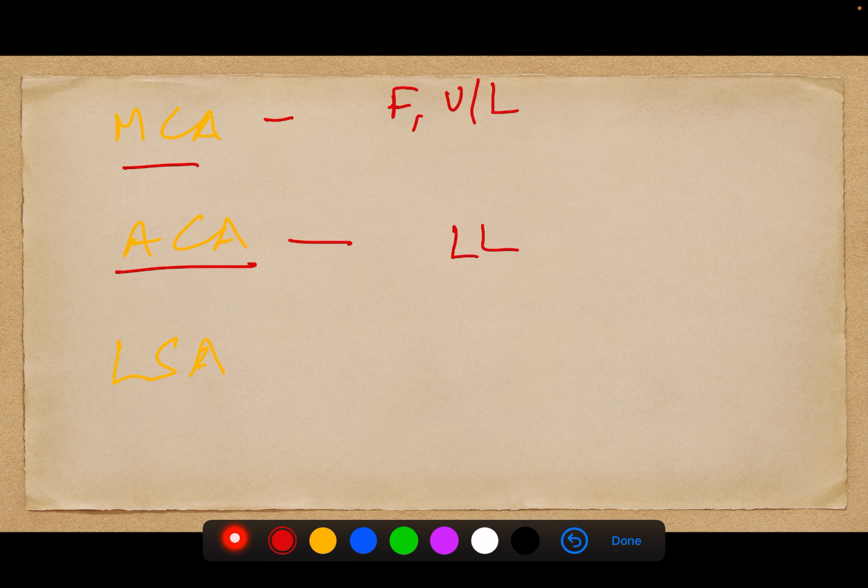So now we can say anterior circulation: middle cerebral artery, anterior cerebral artery, and lenticulostriate artery. In middle cerebral artery, there will be involvement of face and upper limb, right? Face and upper limb. In anterior cerebral artery, lower limb.